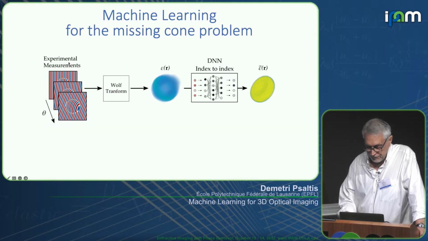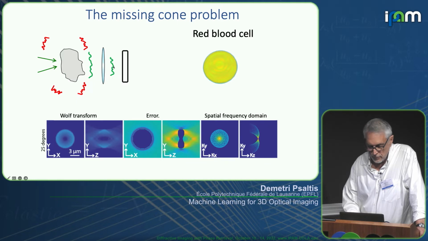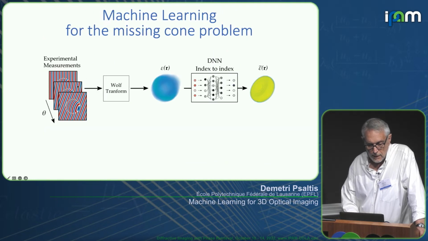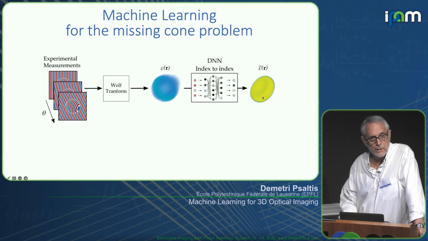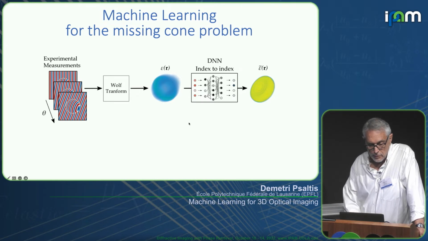So I'd like to fix that. One way to fix that is to take the experimental measurements off of the detector and enter them into a neural network, which will give us the correct index of refraction, accounting for, or guessing, or anticipating these missing frequency components in 3D.